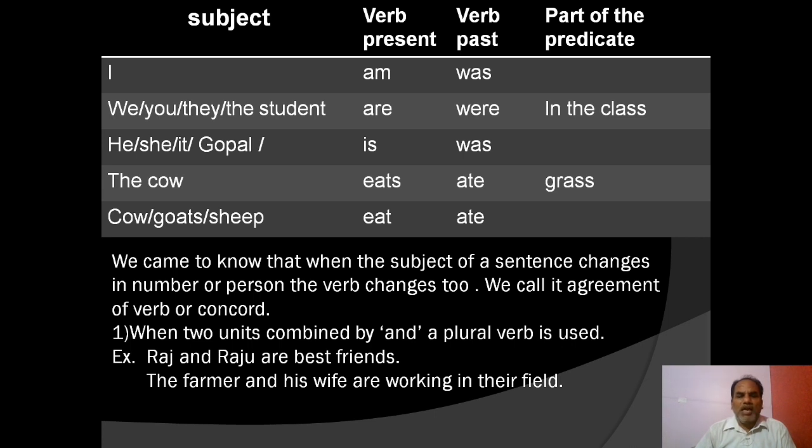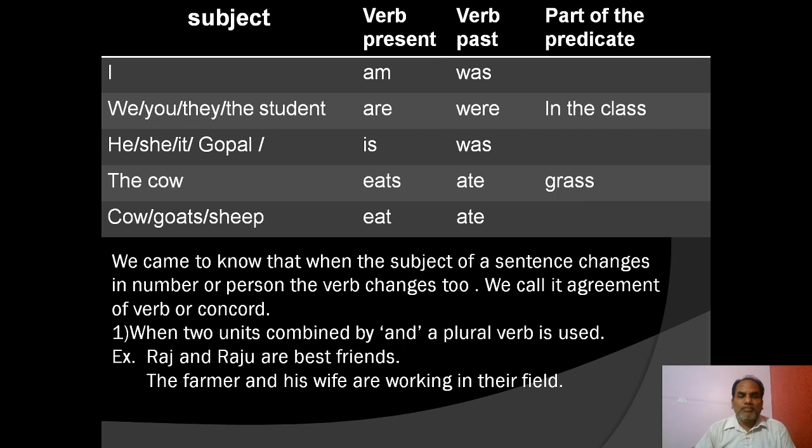We call it agreement of a verb or concord. Now let us discuss some examples and the situations of subject-verb agreement.